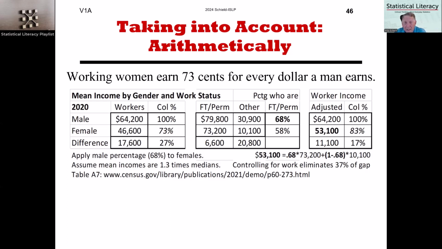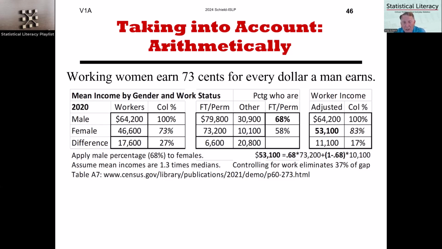How does this work out? Look at the right column in the center section. 68% of men work full-time permanent. 58% of women work full-time permanent.